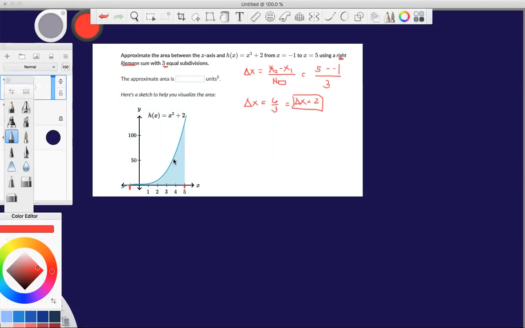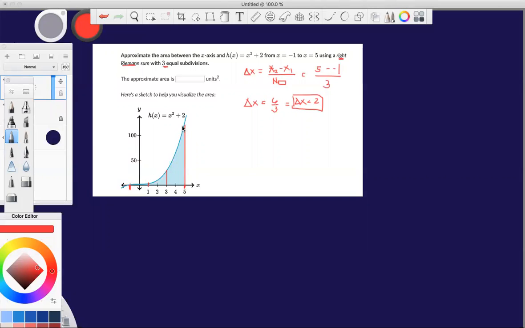So we are now going to divide this into 3 equal subdivisions. This is rectangle 1, rectangle 2, and then rectangle 3.